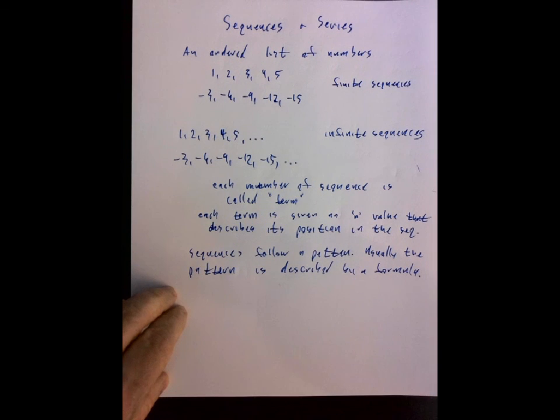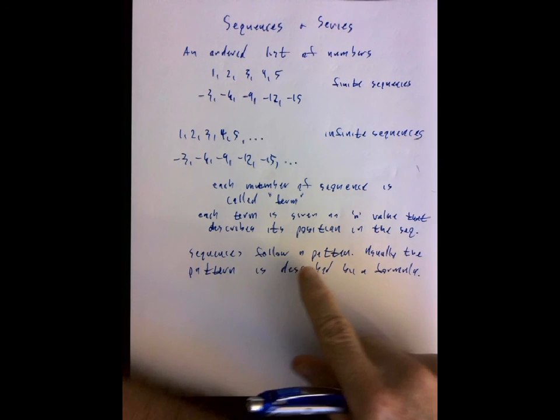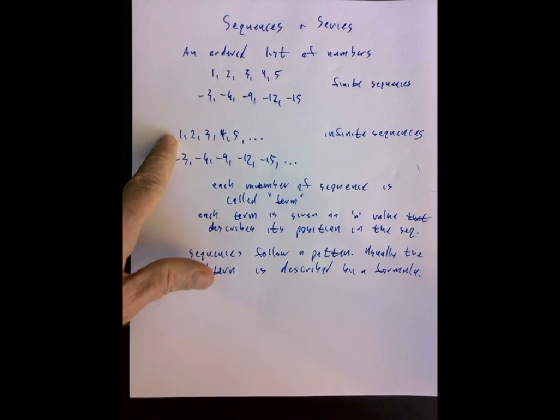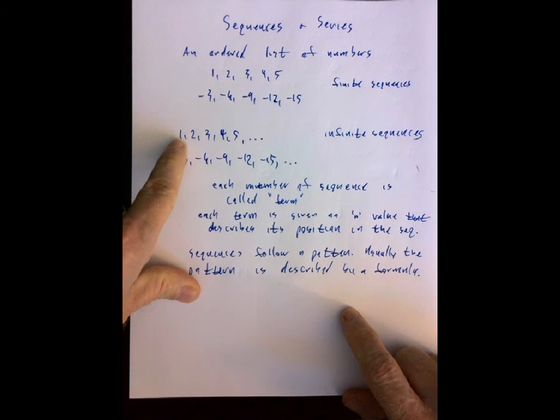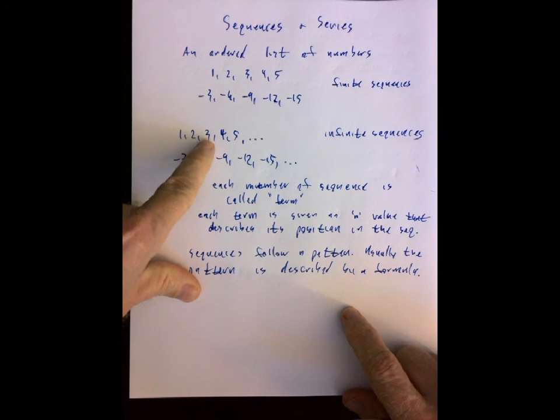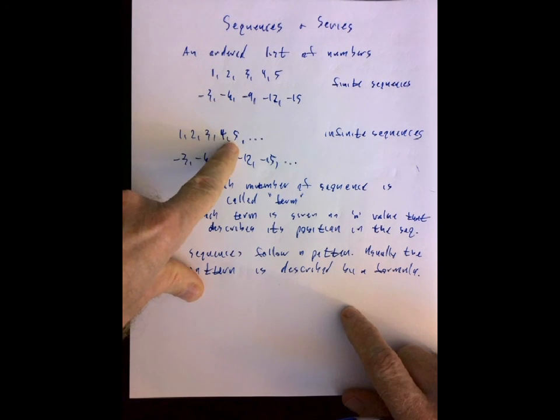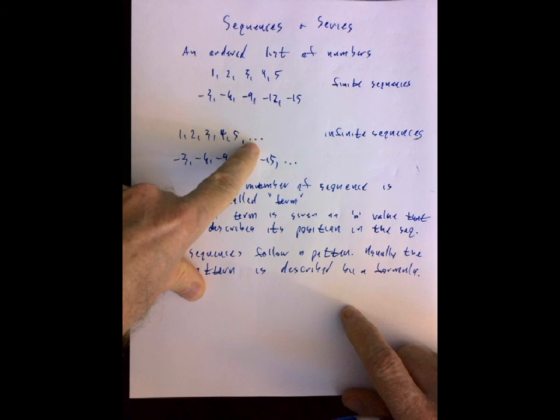Right? So in this sequence here, we would see that we're adding 1. In order to get each successive term, we add 1 to the previous term. So 1 plus 1 is 2, 2 plus 1 is 3, 3 plus 1 is 4, 4 plus 1 is 5, 5 plus 1 is 6, 6 plus 1 is 7.